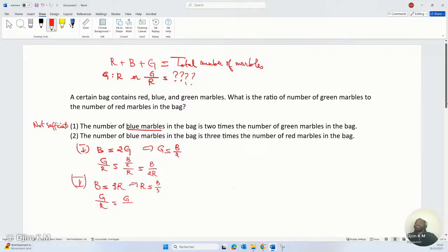We will get G over B over 3, which will be 3G over B, sorry. Okay, this is B. We don't know the value of B, we don't know the value of G. We can simplify, but we still have unknown values here. So the second is not sufficient as well.